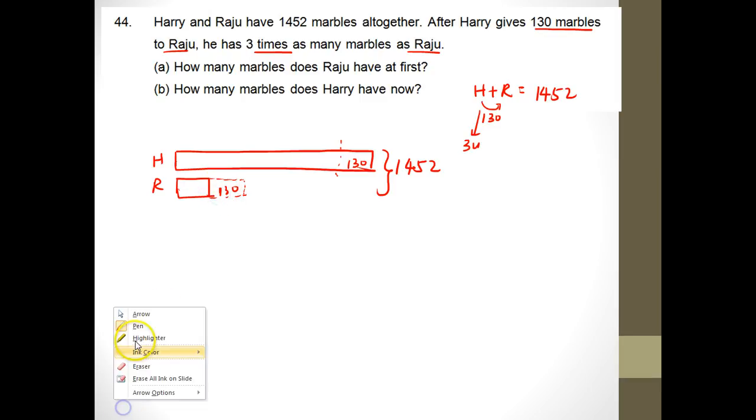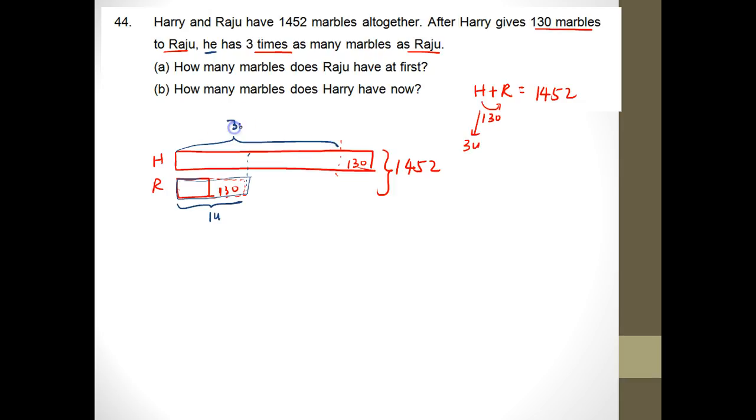Then what happened? We know that Harry has 3 times as many as Raju. So this becomes your 1 unit. This one is your 3 units after he has given.